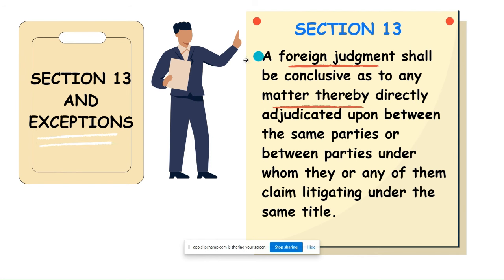Section 13 says a foreign judgment shall be conclusive as to any matter thereby directly adjudicated upon between the same parties or between parties under whom they or any of them claim litigating under the same title. फॉरेन जजमेंट conclusive रहेगा as to any matter thereby adjudicated between same parties and between parties under whom they or any of them claim litigating under the same title. Okay, foreign judgment shall be conclusive.